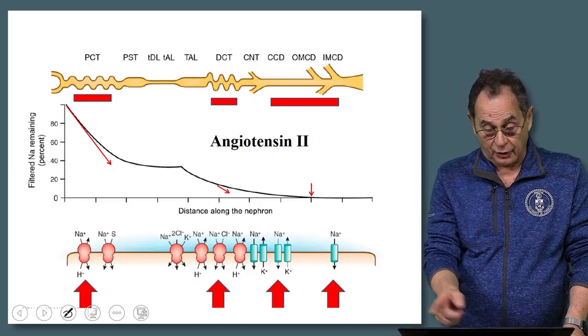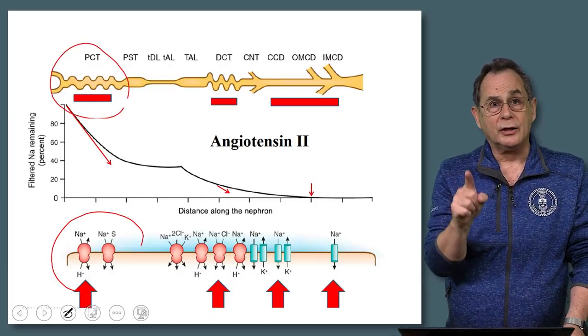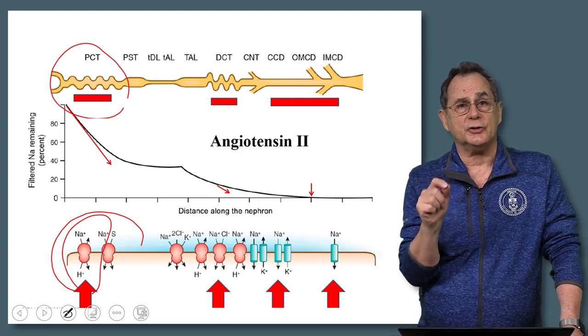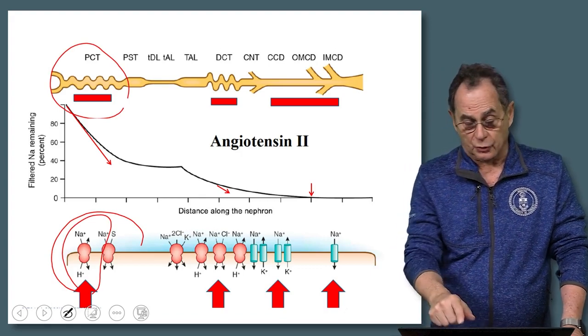A consequence of angiotensin, well, it affects the proximal tubule directly by influencing sodium-hydrogen exchange, but also changing Starling forces that favor reabsorption of salt and water in the proximal tubule.